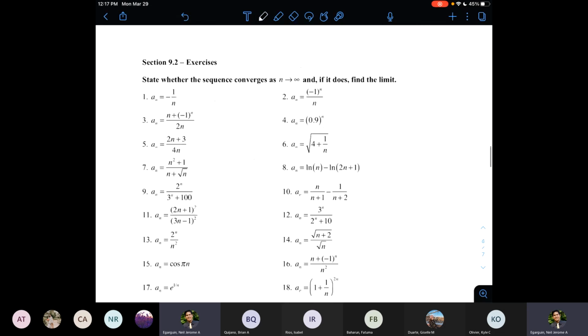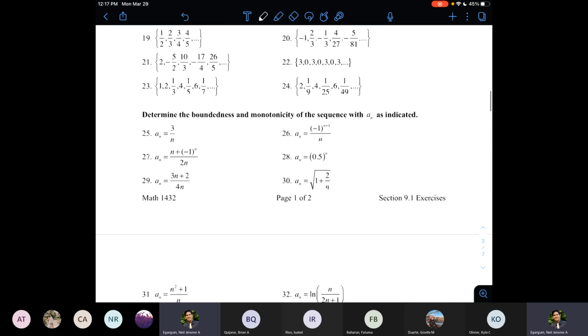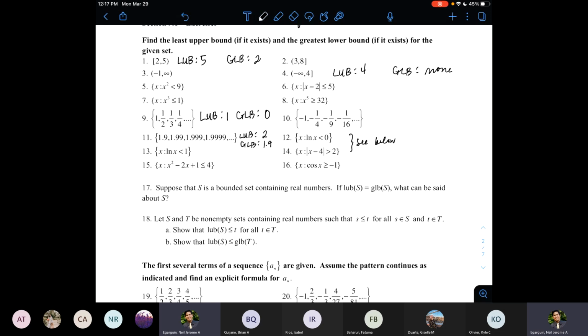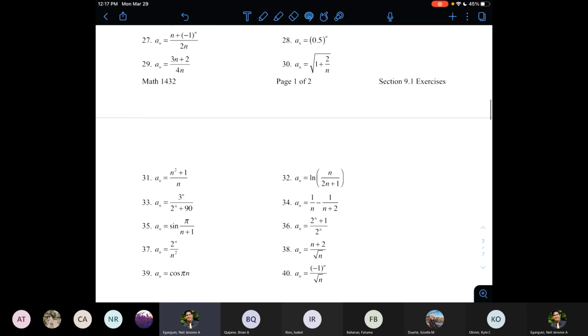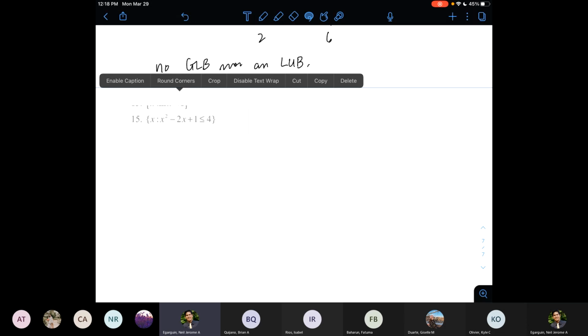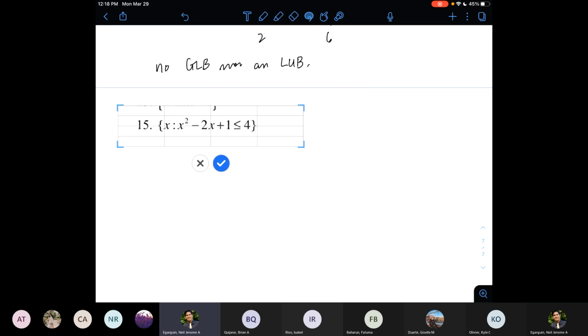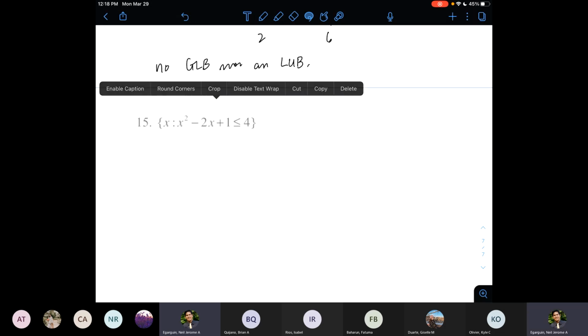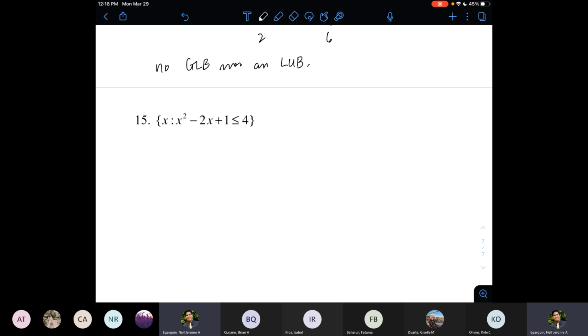Let me go to problem 15. Let's see. Yeah, I remember problem 15 is also interesting. Okay. Again, if you see an algebraic definition for the set, maybe it would be better to look at it as an inequality and write it as an interval if possible.